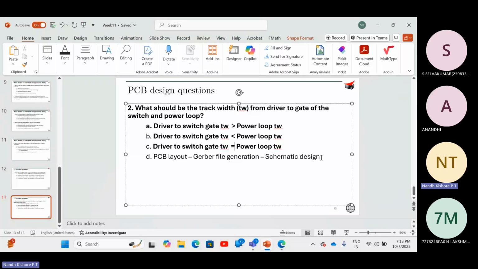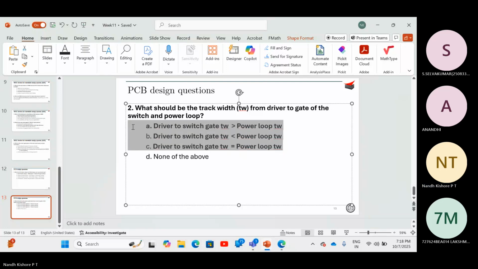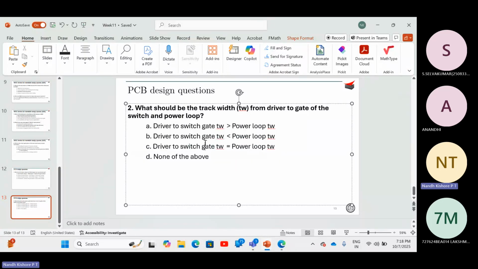Should it be equal or none of the above? So which is the correct answer?